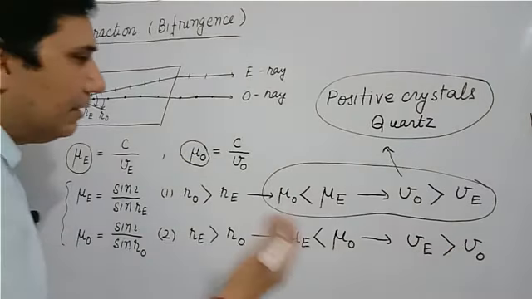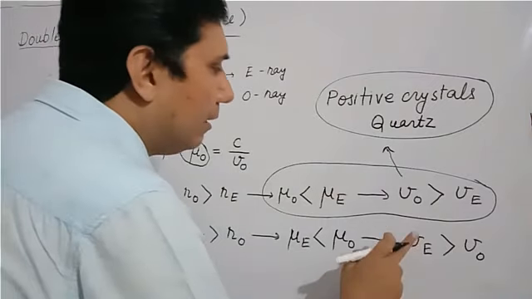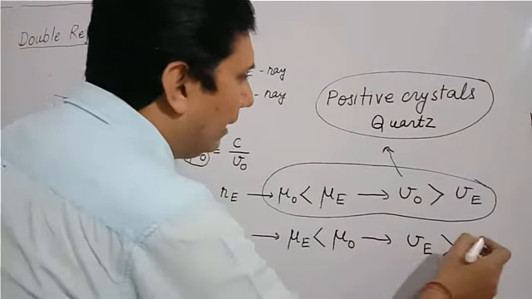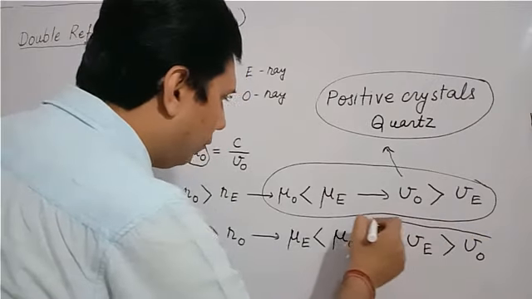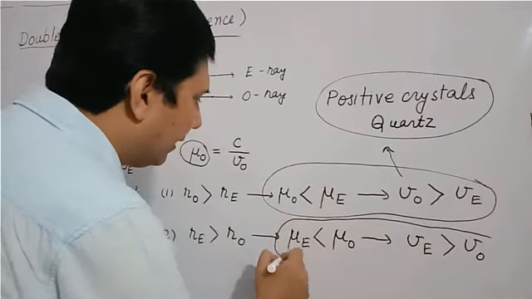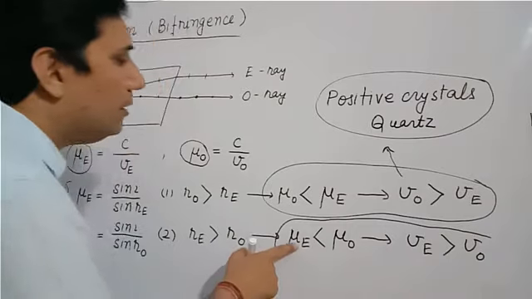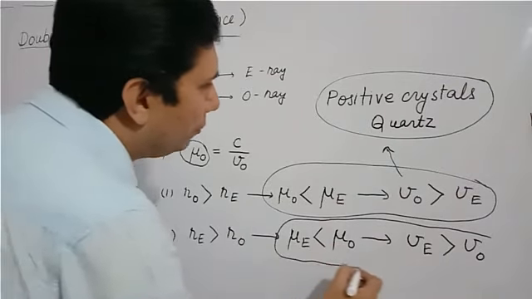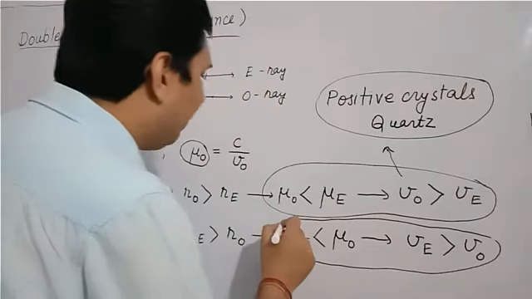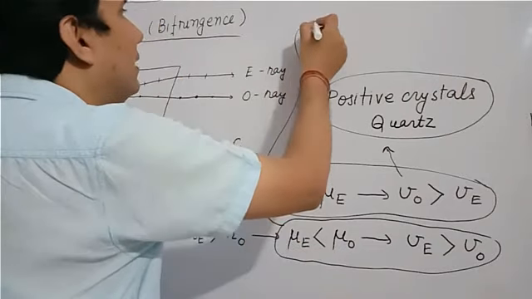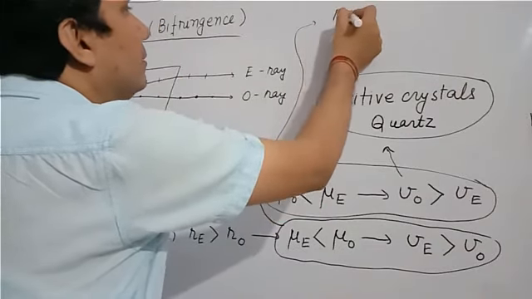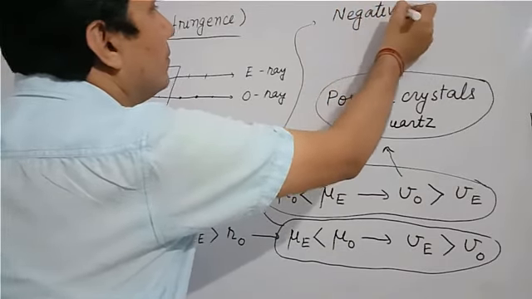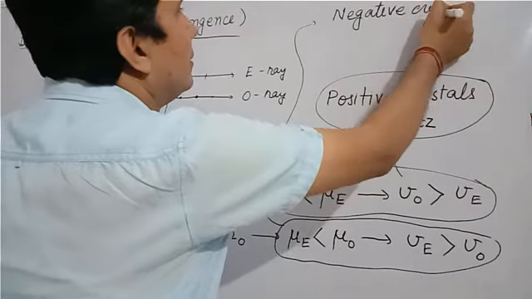So there are other crystals in which the speed or velocity of E ray is greater as compared to the velocity of O ray, as well as the refractive index corresponding to E ray is less as compared to that corresponding to O ray, and this type of crystals are known as negative crystals.